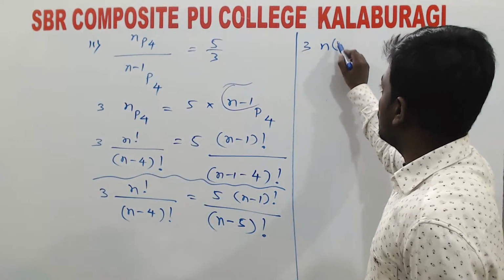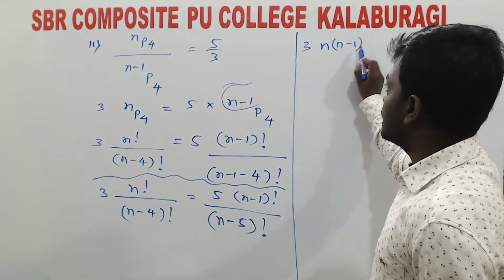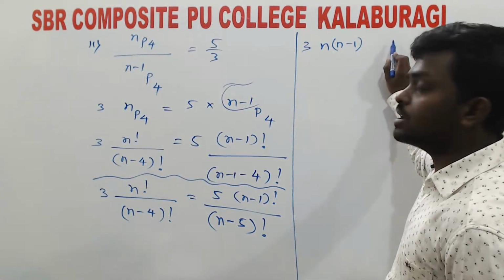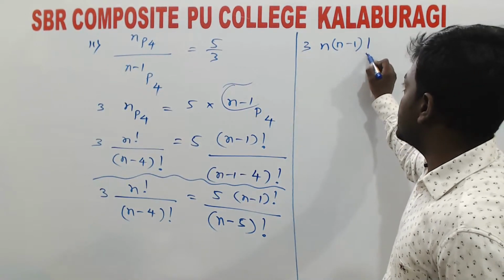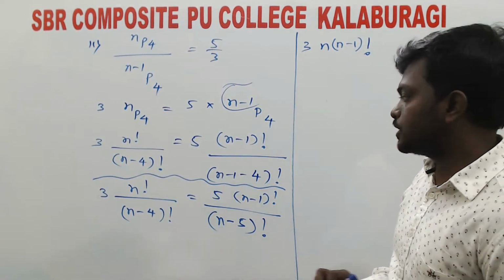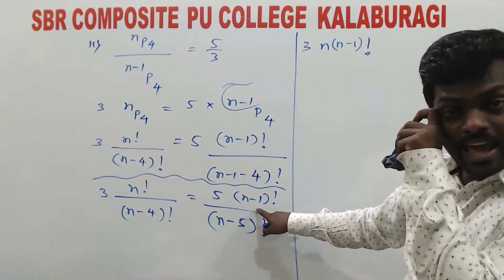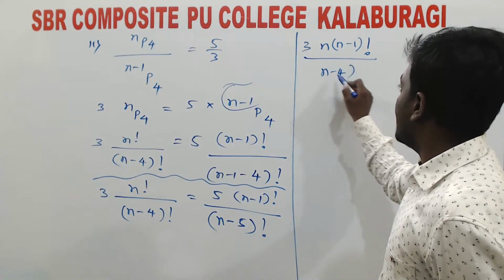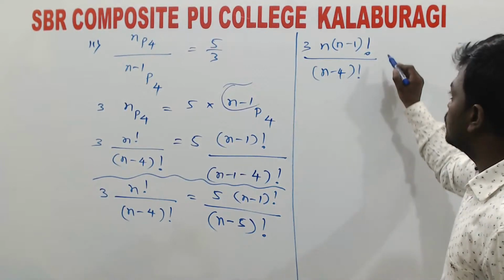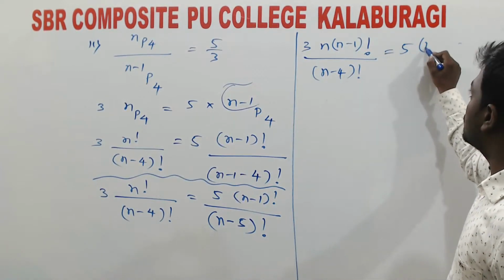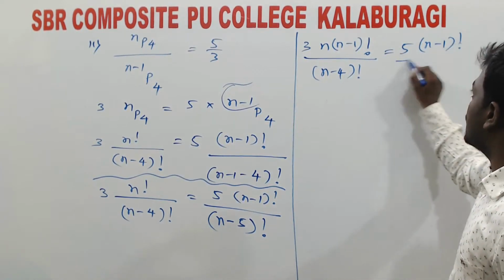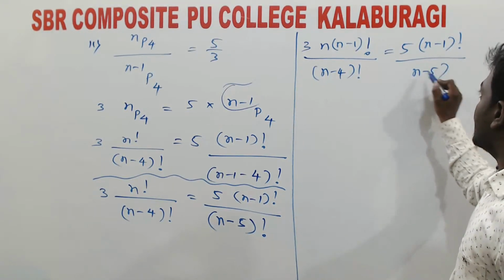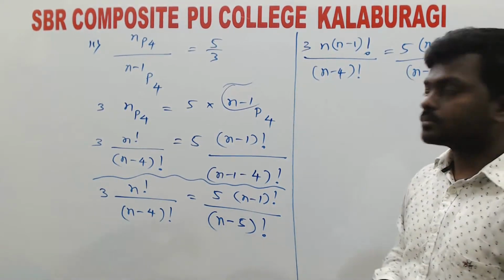So n into n minus 1 factorial, because on the right hand side I have n minus 1 factorial, whole divided by n minus 4 factorial, is equal to 5 into n minus 1 factorial divided by n minus 5 factorial.